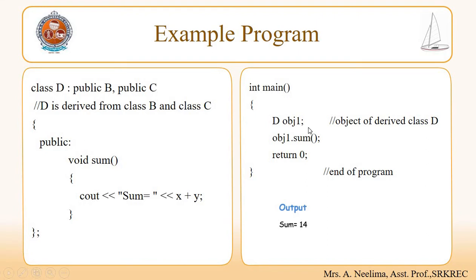Here the derived class is class D and obj1 is the object name. By calling this function sum, the values of x and y are added and it displays the output as sum equal to 40.